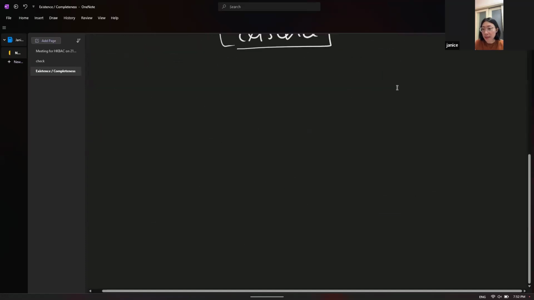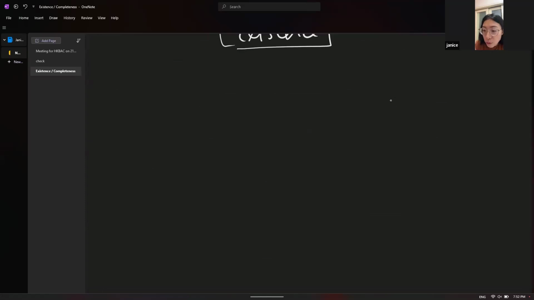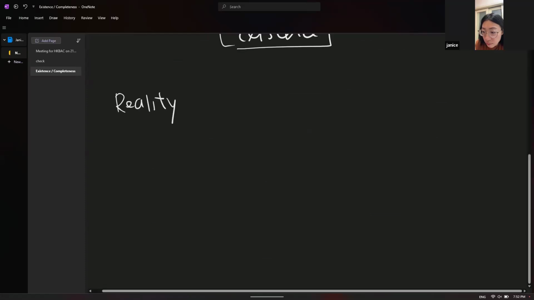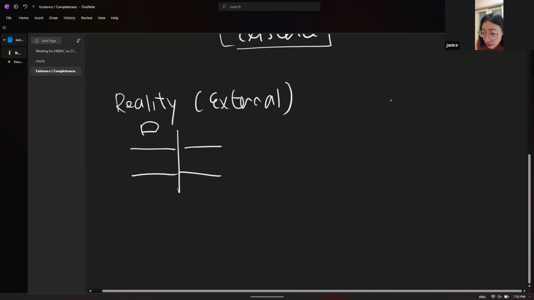We will do the opposite. We will start in our reality, in external. Okay, let's say this is a parking lot, and then there are different cars. Let's say there are 2 cars. Probably FAU has 3 cars. So in reality, there are 3 cars.